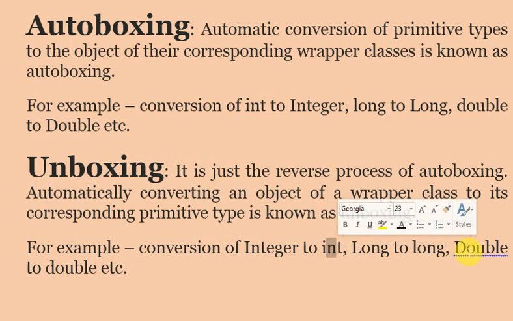Or Double, with capital D, to double with small d, from wrapper class to its corresponding primitive type, then it is called unboxing. And you don't need to write any code for this. This is automatically done by the Java compiler, automatically and implicitly. So you don't need to worry about how we're going to do this. Autoboxing and unboxing is done automatically by the Java compiler.